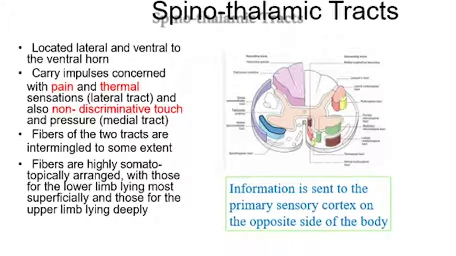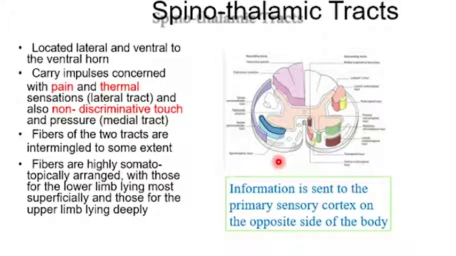Now, we also have the spinothalamic tract, and the spinothalamic tract normally transmits pain and temperature. They're normally located in the lateral and ventral part of the spinal cord, the area shaded blue, and they carry pain and thermal sensation.